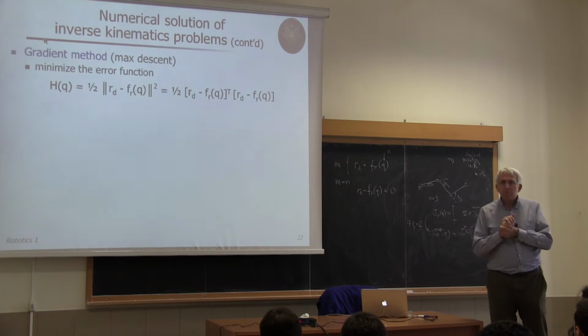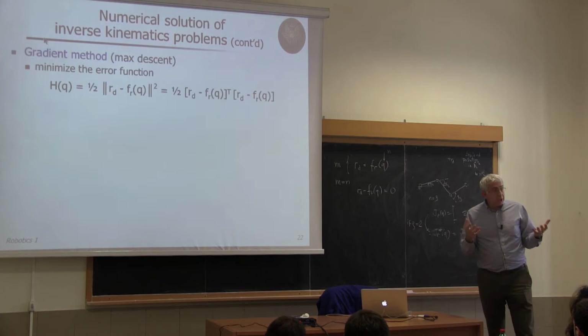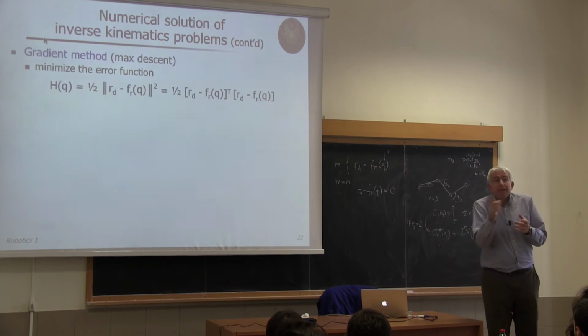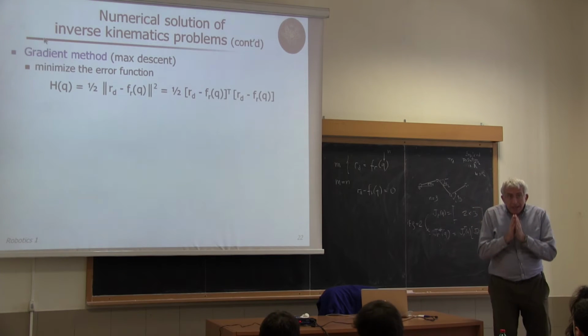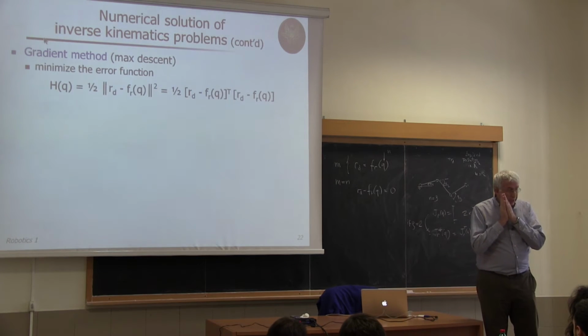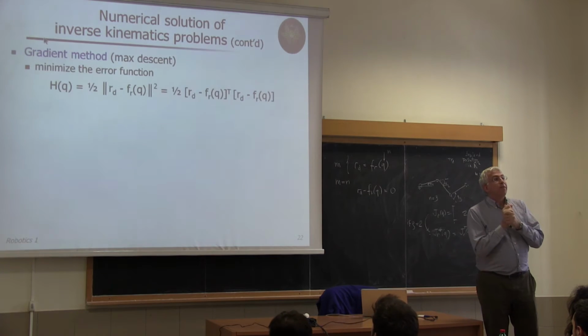Okay? In a multidimensional setting, it is a direction in the n-dimensional space where you are guaranteed an increase of the function, at least if you're moving very little from the current point. Okay?